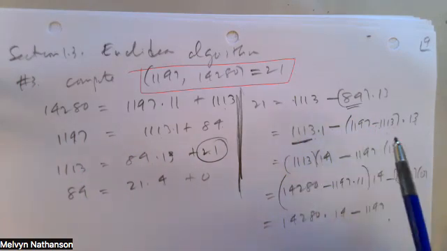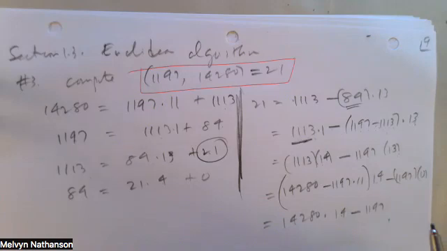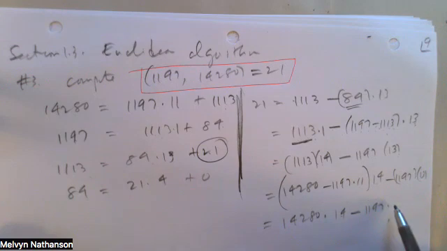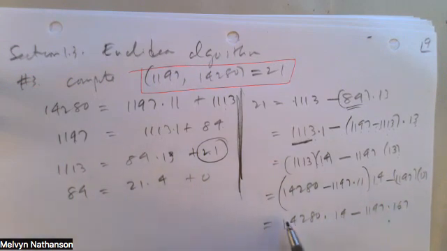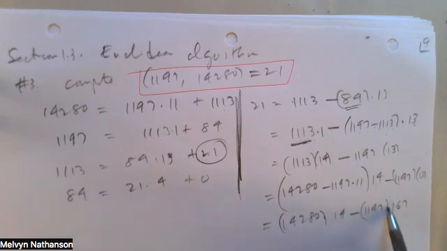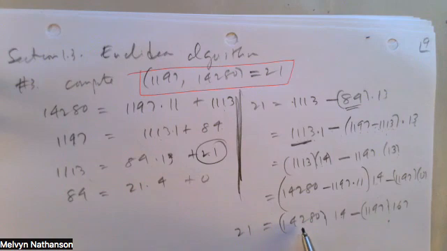And then there's also minus 1197 times 13. Yes. So if I put this together, what I get is 21 is 14,280 times 14 minus 1197 times 167.